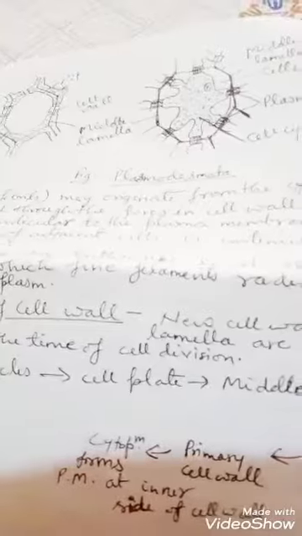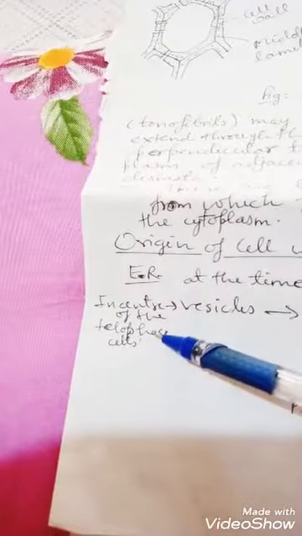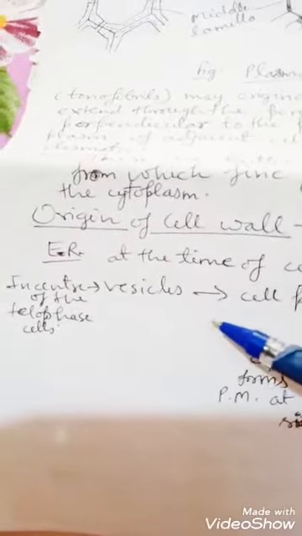Now, what is the origin pattern of the cell wall? The new cell wall and middle lamella are formed from the endoplasmic reticulum at the time of cell division. During cell division, at the telophase stage, vesicles are formed in the center of the telophase cells, and this forms the cell plate.